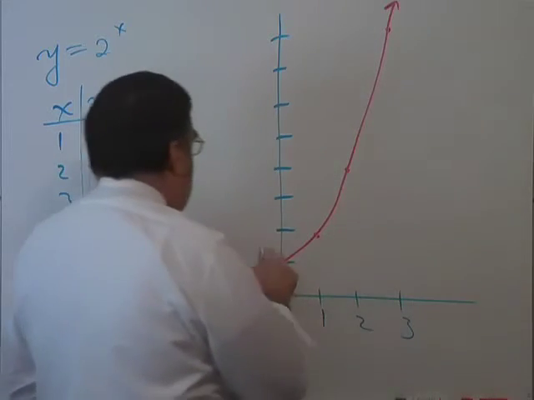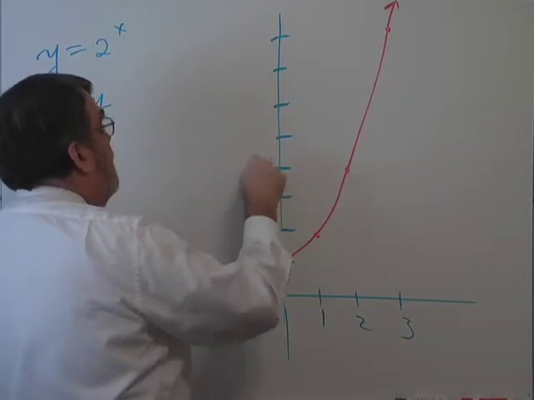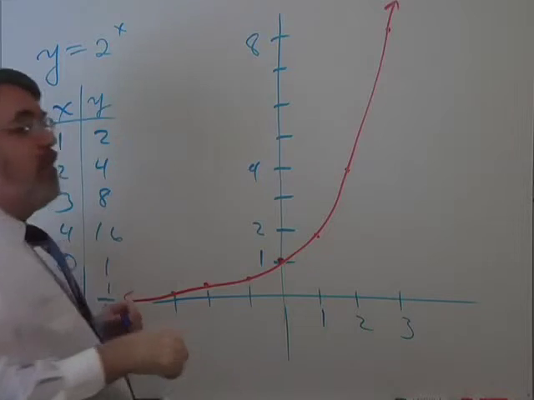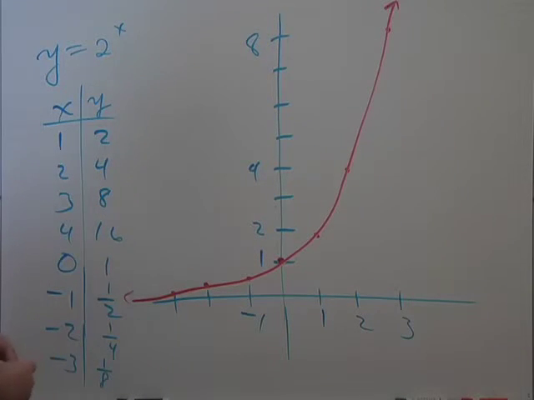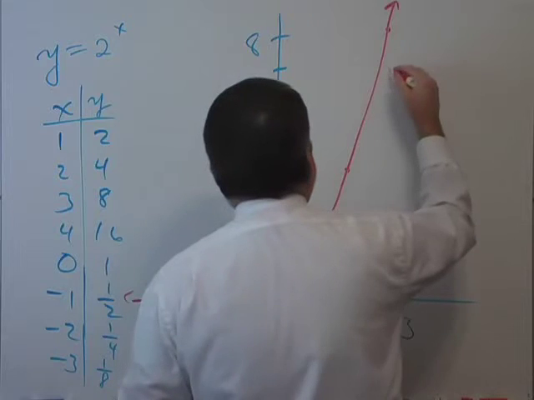Any graph should always have some scale numbers. I'm not a big fan of numbering everything on a graph, but as long as the reader can tell what scale you're using, that's all that's necessary. So here's our graph of y equals 2 to the x, and it's an example of exponential growth.